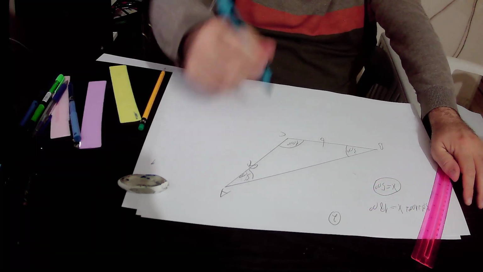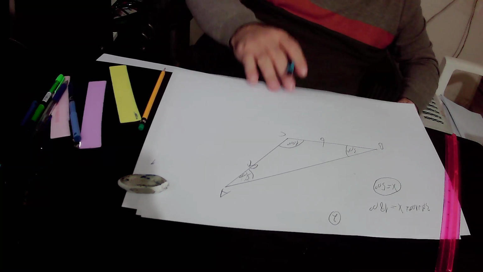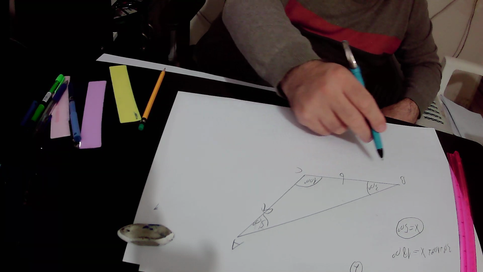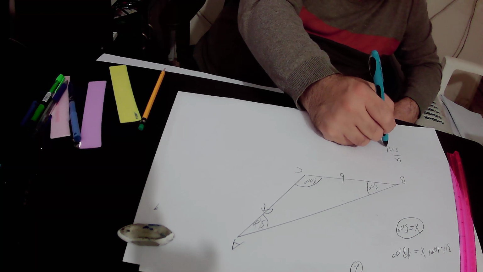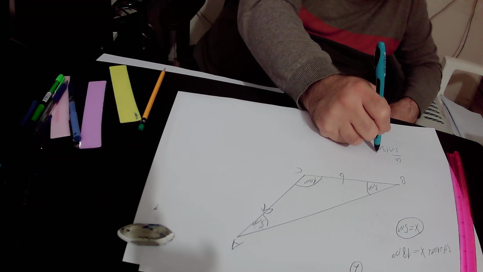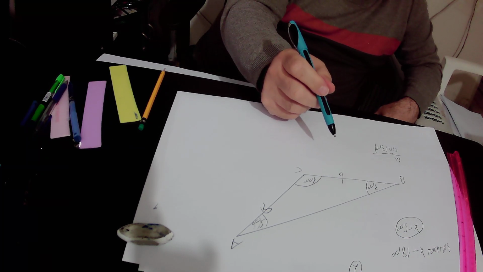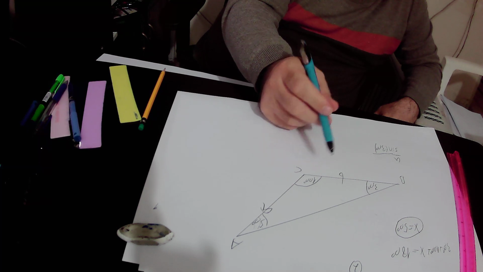And we will implement the law of sines in this triangle ABC. According to the law of sines, A over sine 30 degrees equals B over sine 50 degrees.